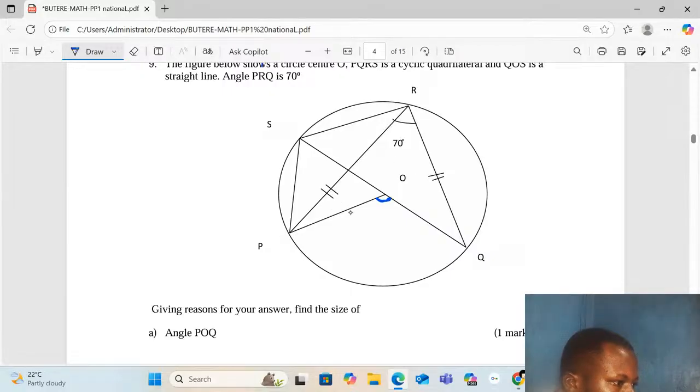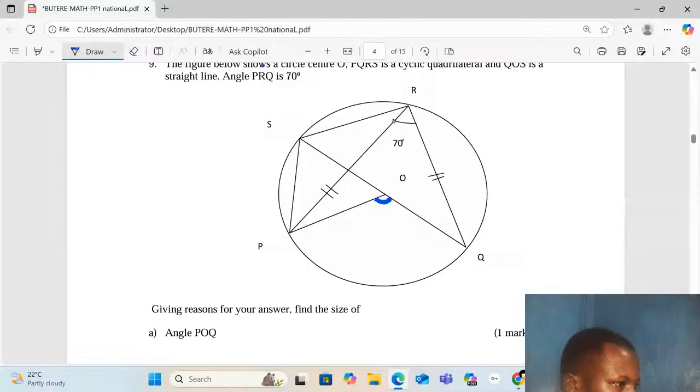This angle, having the vertices touching the circumference, is 70 degrees. Now angle POQ, this angle. Remember the property that says the angle at the center is twice the angle at the circumference.